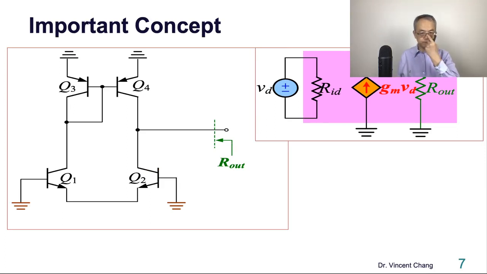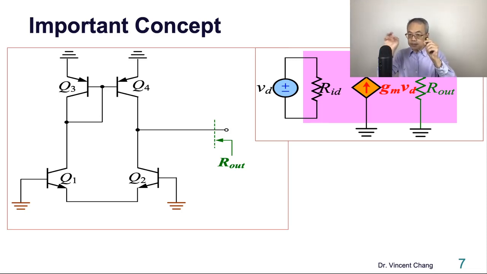Important concept. Always remember, when someone asks you to calculate the output resistance, what is the first step? Set Vi equal to 0. So the 2 input terminals should be pulled down to AC ground. Look at the left-hand side.